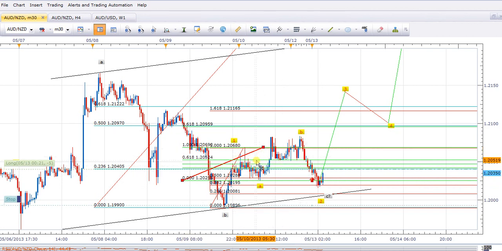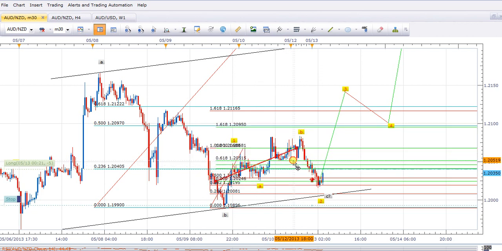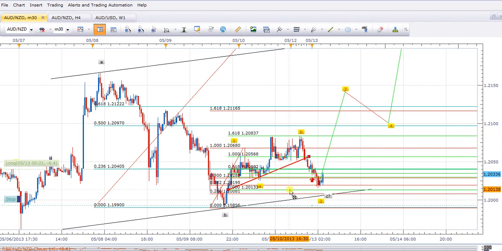If we take a look at these green fib levels I have up, they show the distance of wave A within that correction, and when applied to the end of wave B, we see that wave C is actually 161% of the distance of wave A, and that also lines up with that 38.2 fib level.